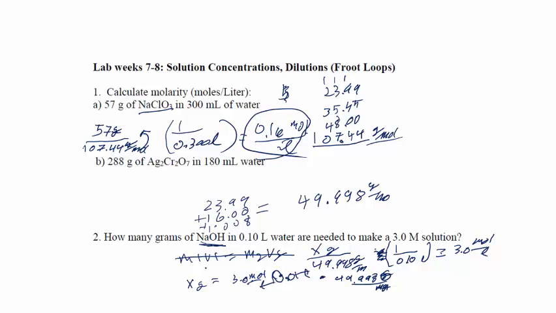So let's just write this out. X equals 3 times 0.1 times 49.998, and it looks like I'm good to about 2 sig figs. So this would be 0.3 times 49.998.